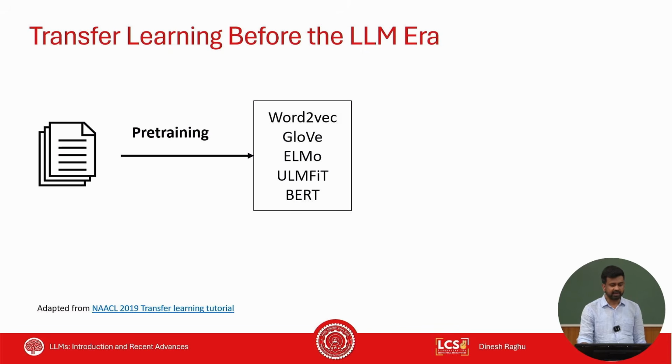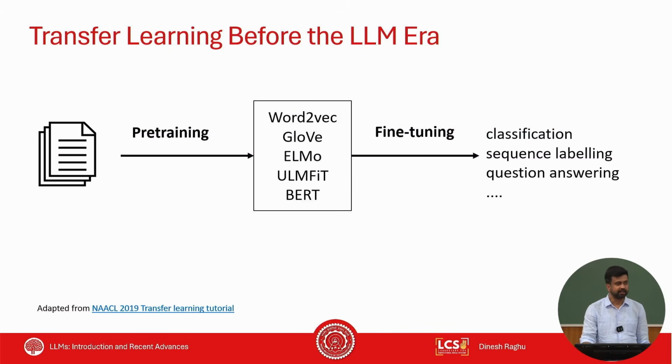Hence it had two phases. There was a pre-training phase where you just use the unlabeled data and develop some world knowledge. And then you have the fine-tuning stage where you transfer the world knowledge from pre-training, but use your task-specific data and fully fine-tune the model, right?